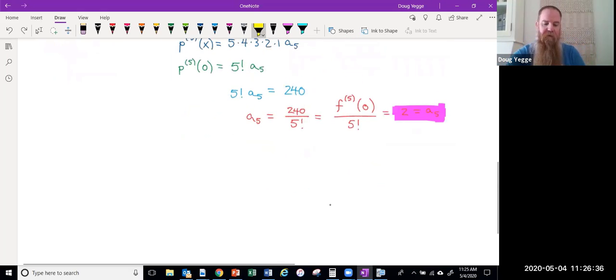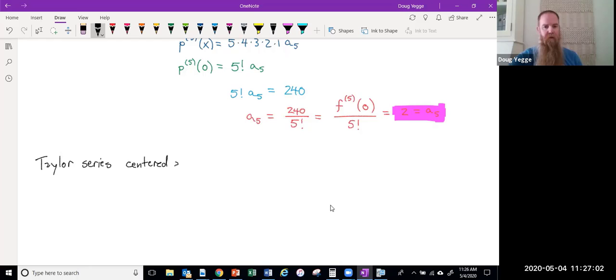If I want to create a Taylor series centered at A, it will essentially just be a function, more specifically a polynomial function, that looks like f of A plus, well, then you would have an x minus A term, but bear with me.